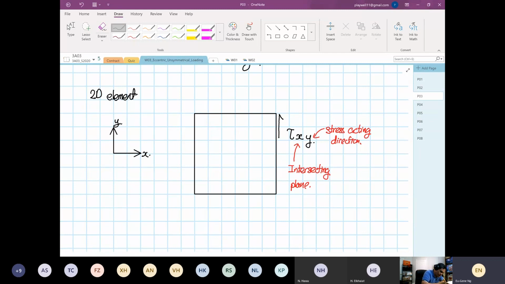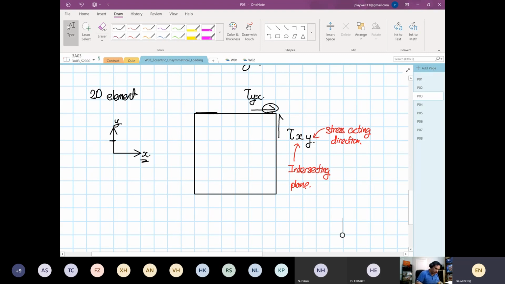Okay, so for this case, the top arrow over there is the shear stress acting on the plane intersecting the y-axis. This plane over here will intersect the y-axis, and the stress down here is acting on the x-axis.